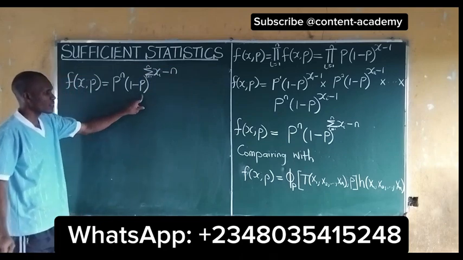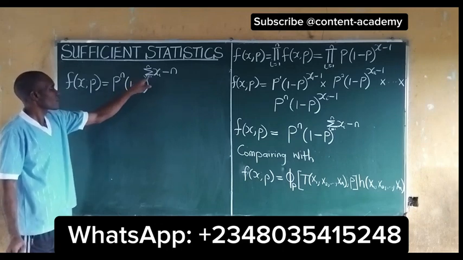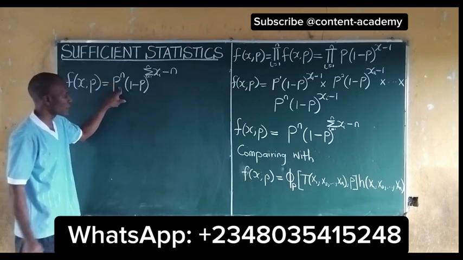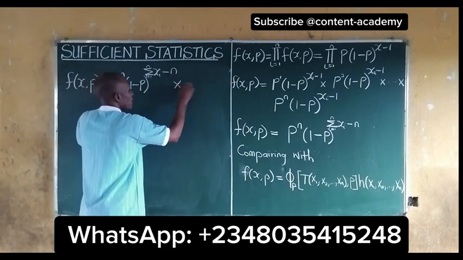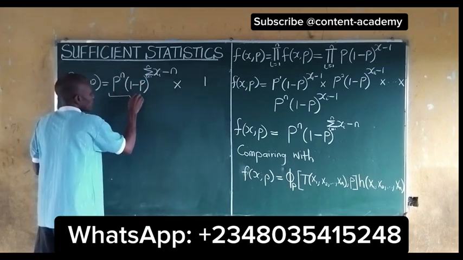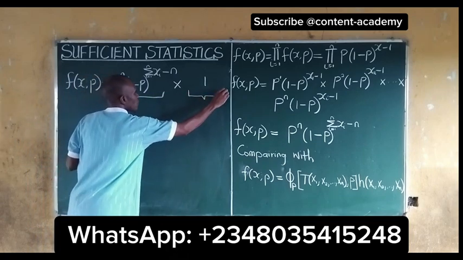As we can see, everything we have here depends on p. What we have here depends on p, and this also depends on p. So we say multiply by 1.